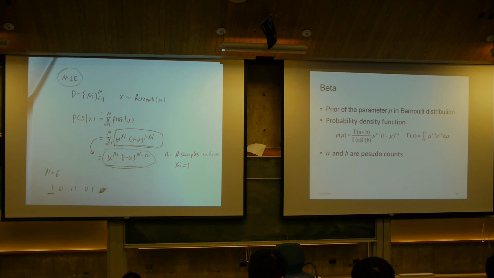Wait, sorry. So mu is U? Sorry? Mu and U are the same. They're the same variable. You mean the mu there and here? I'm just confused because your mu looks like a U. Sorry, it's mu. Okay. Yeah, it should be mu.